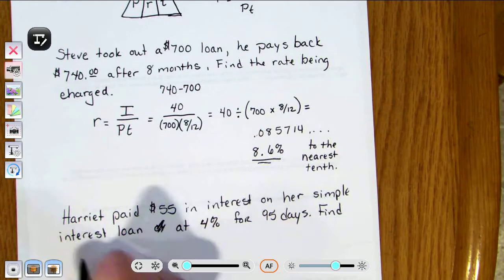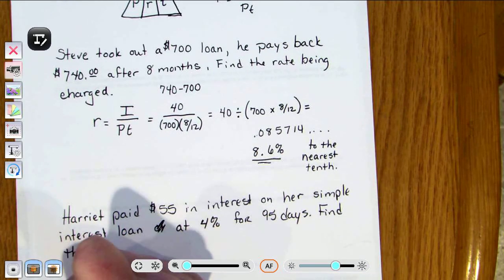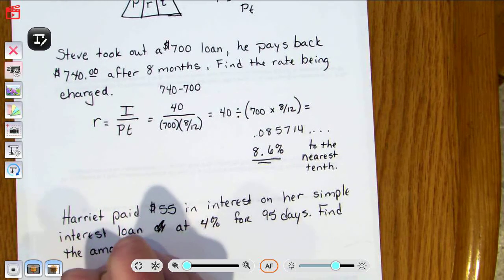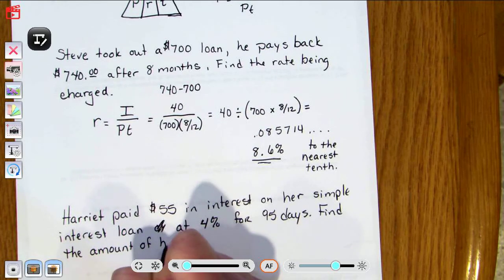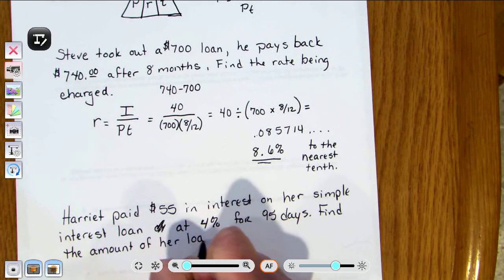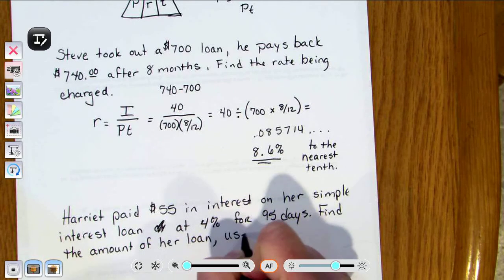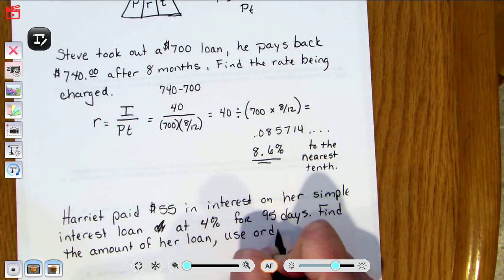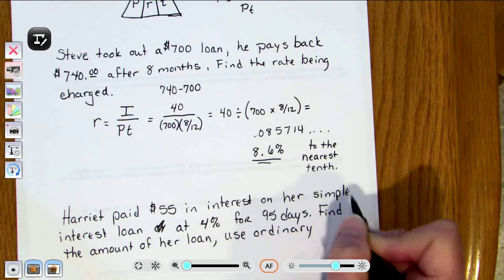Find the amount of her loan, and we're going to use ordinary interest so we can review that idea again.